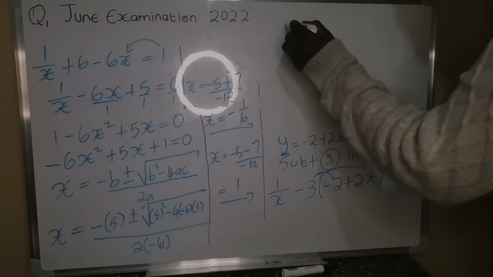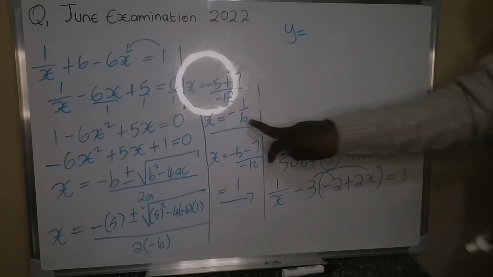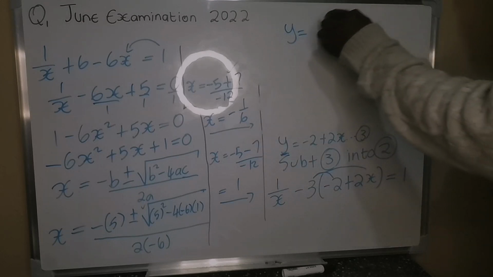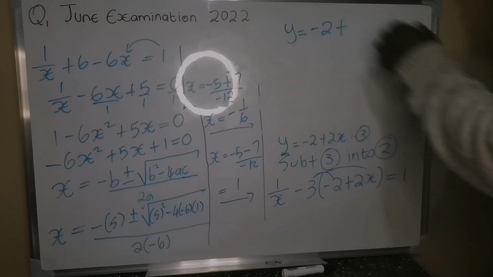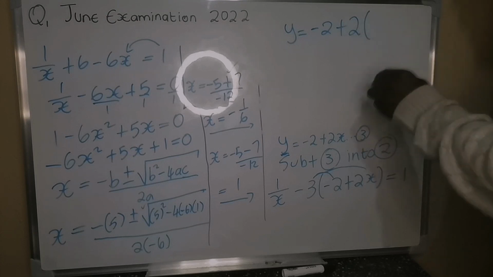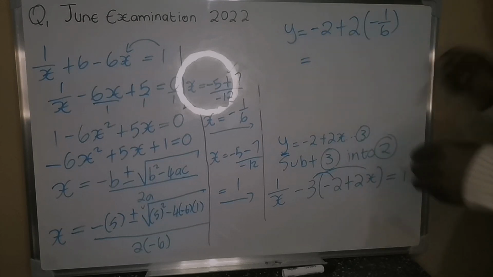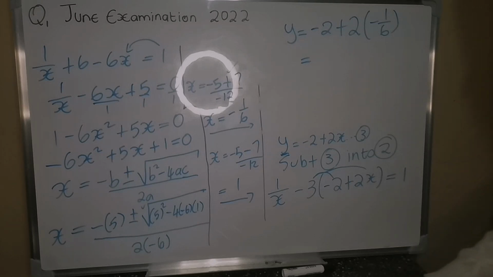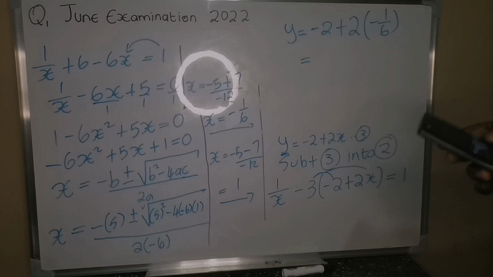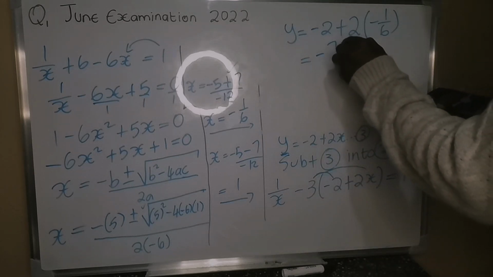Now y is equal to negative 2 plus 2 multiplied by negative 1 over 6. For my first value of y, just put it on a calculator. Don't stress yourself. Negative 2 plus 2 times the fraction negative 1 over 6 gives me negative 7 over 3.